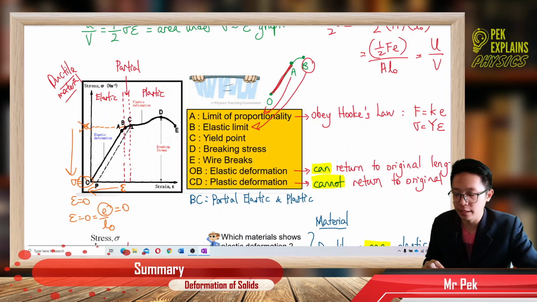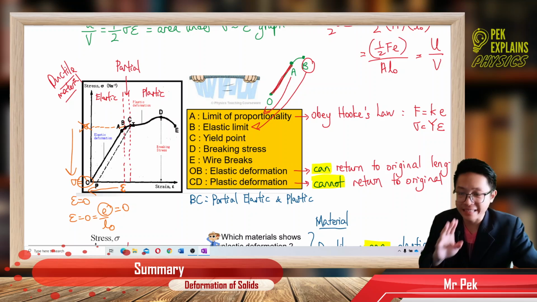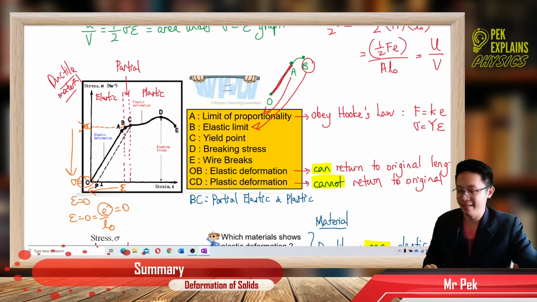From B to C, it shows partial elastic, partial plastic. That means if from point B I pull to point C, it can still go back toward its original shape, but not entirely. If you release the stress back to 0, the strain becomes P.